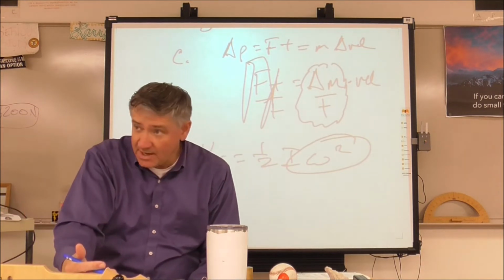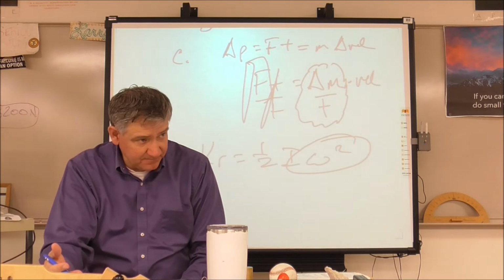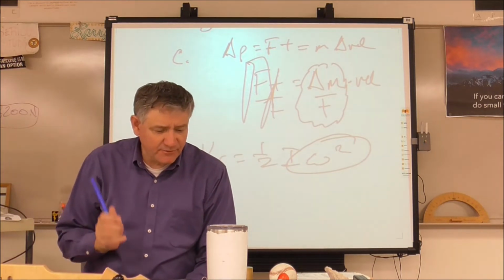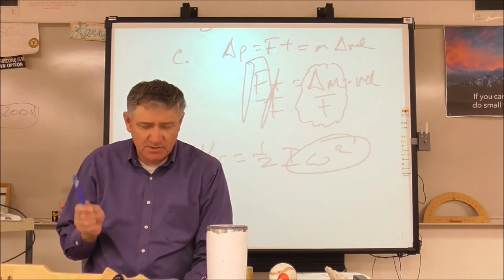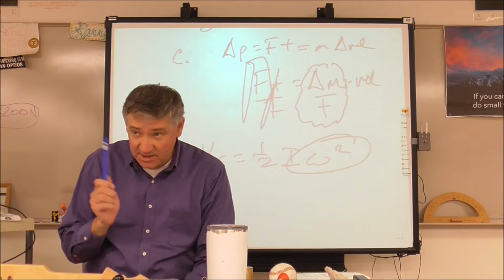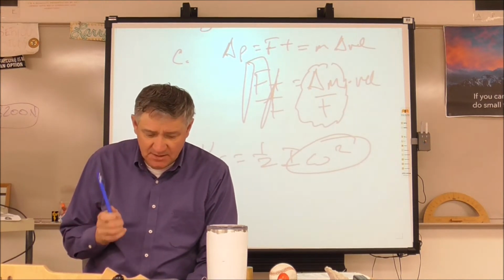You already found that up above. There's nothing new to find. All you're doing is plugging that in. It's a plug and chug type thing. So your answer to 4D should be something times 10 to the 5th. It's a lot of rotational kinetic energy. It's a really big satellite.